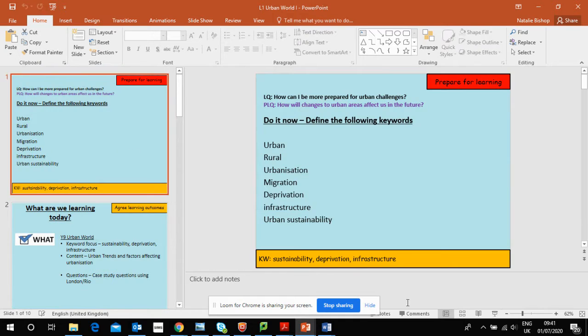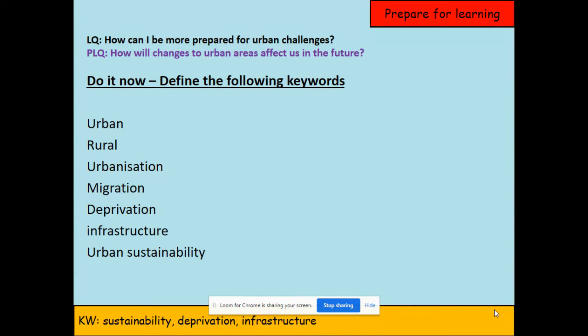Right, I figured we'd go a bit off-piste today, and rather than doing hazards as we've been doing, we really need to cover Rio, London, your urban case studies. So what I want you to have a look at for me is some of these keywords.